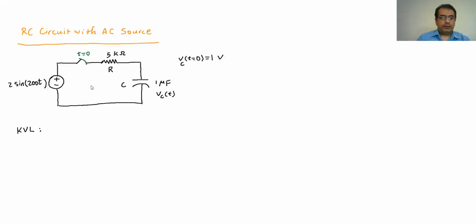If I go around and write the voltages, and call the source Vs, I know that negative Vs plus the voltage at the resistance plus the voltage at the C is going to be equal to 0.